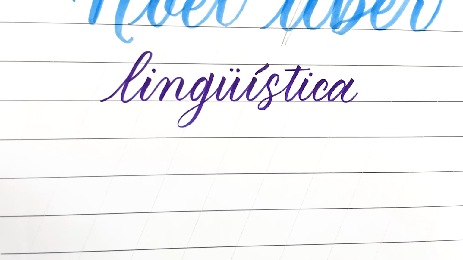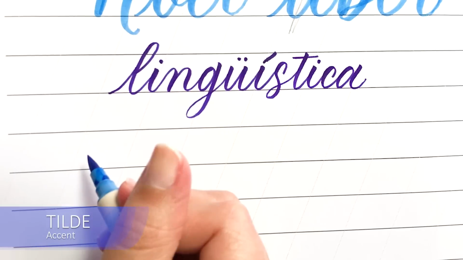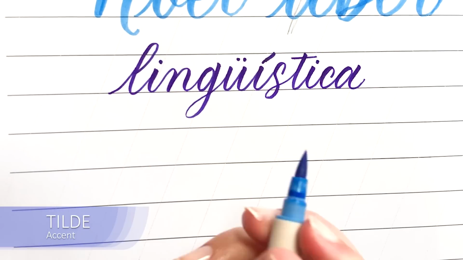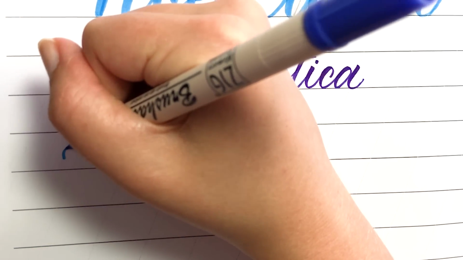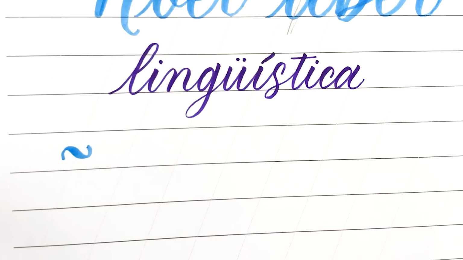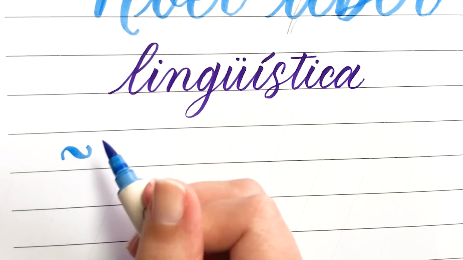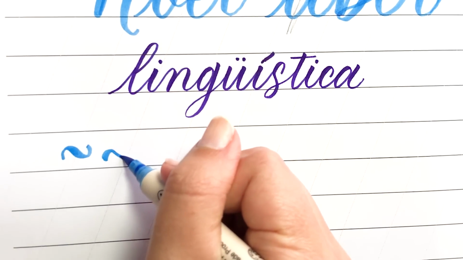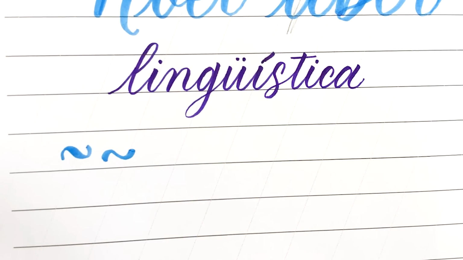And then we have two more, and these are the ones that are above consonants. So the first is called the tilde. And there's two ways to do it. You could either, kind of like for the letter X, you can make the middle part thick, or you can make the two ends thick.